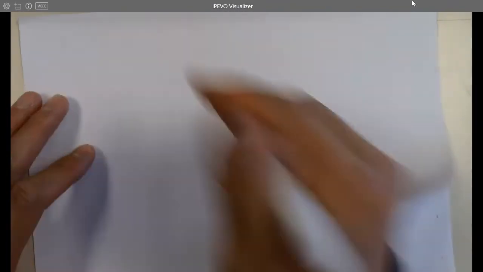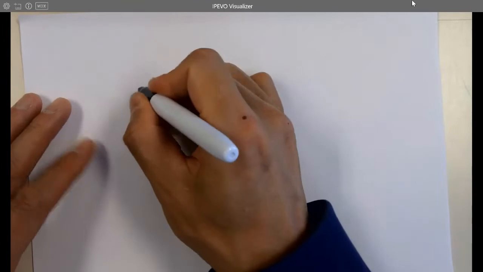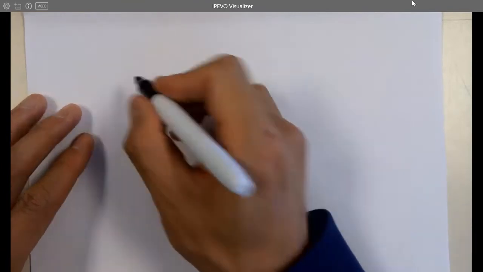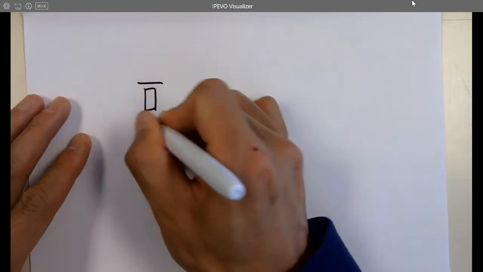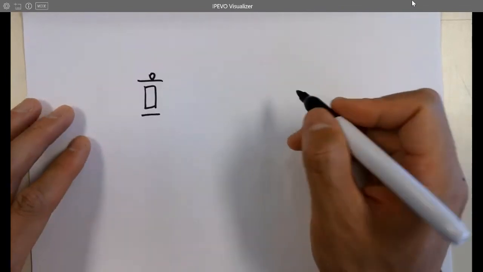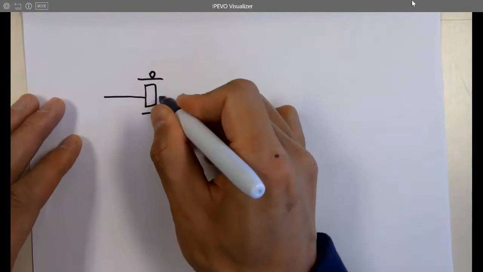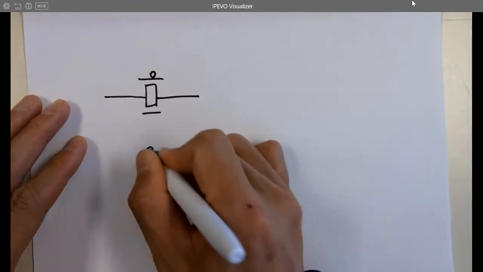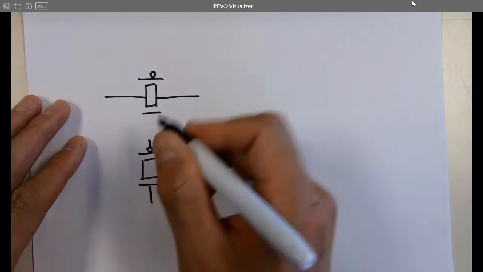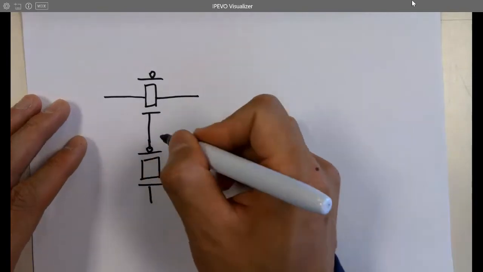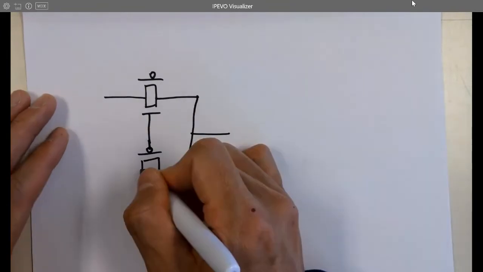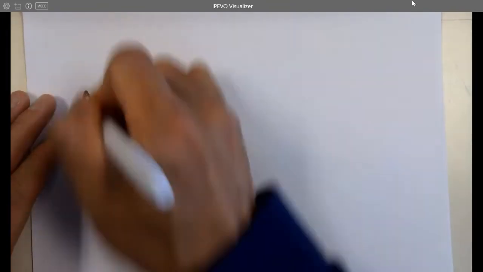It looks a lot better than the previous version, and they are very easy to draw. Just draw a box. Should I connect these two? Yes. So these are the two inputs.